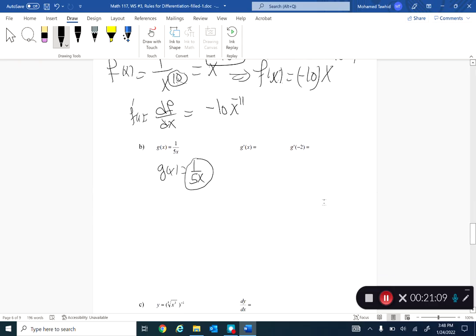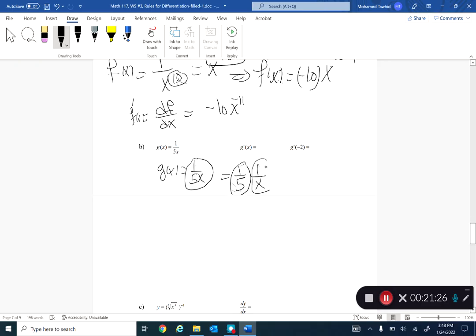So how do I make this one x to the power n? I could write it as 1 over 5 multiplied by 1 over x. Can I separate it like this? Yes, you can. And 1 over 5 is a constant. I'm not worried about it. I can leave it as it is.